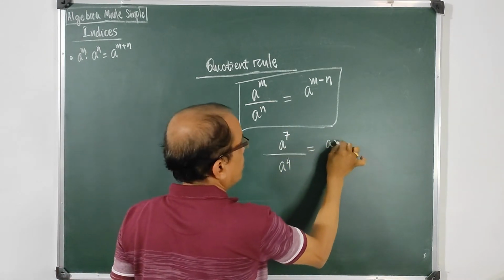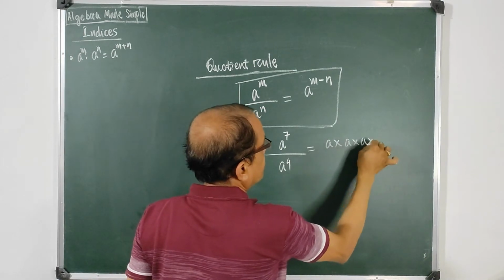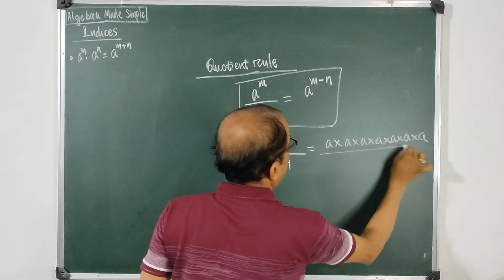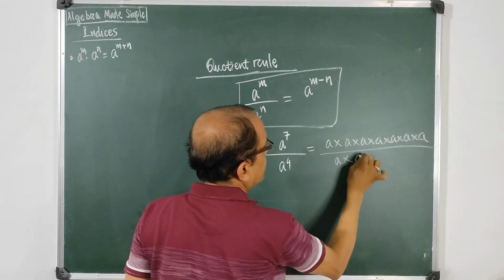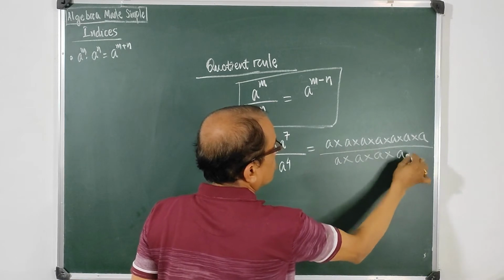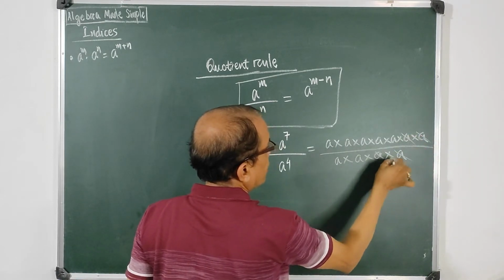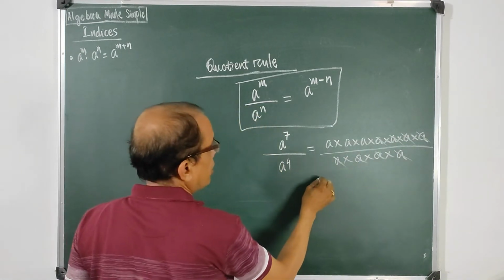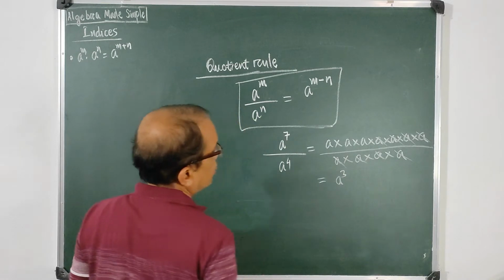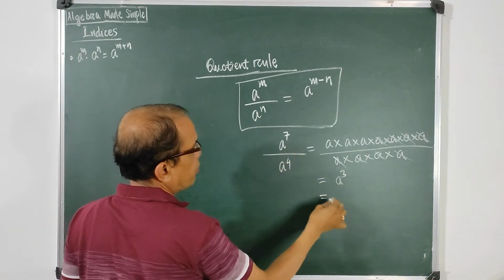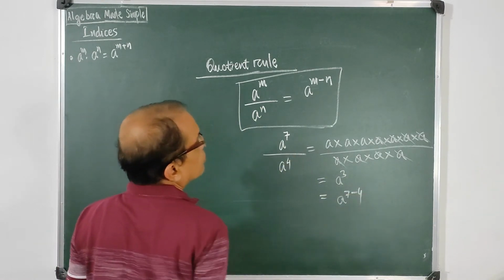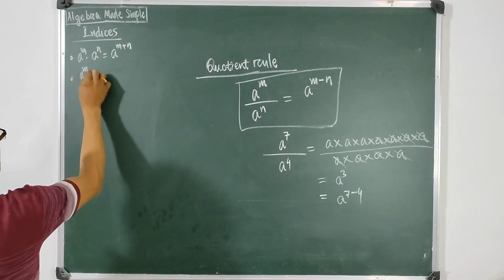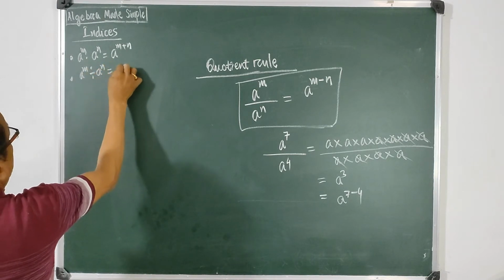This will be 7 a's multiplied, divided by 4 a's multiplied. If we cancel an equal number of a's, then we get only 3 a's. So this will be a cube, and this is also equal to a to the power 7 minus 4. So this is the quotient rule. Let us write it down: a to the power m divided by a to the power n is a to the power m minus n.